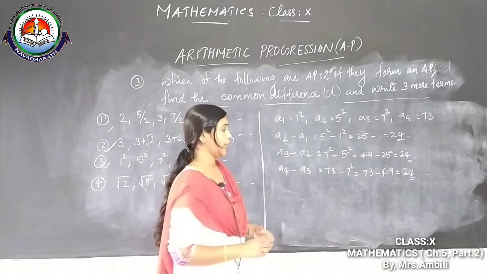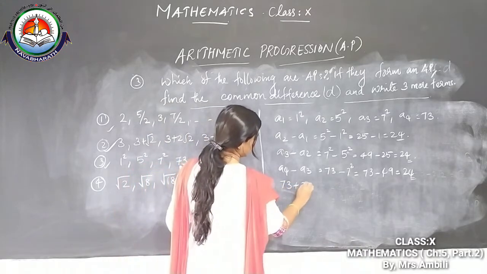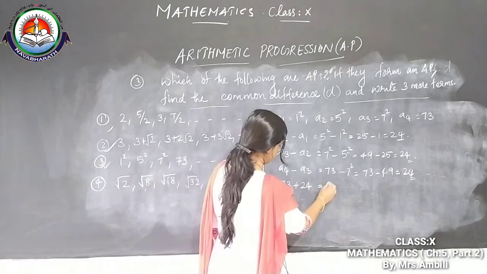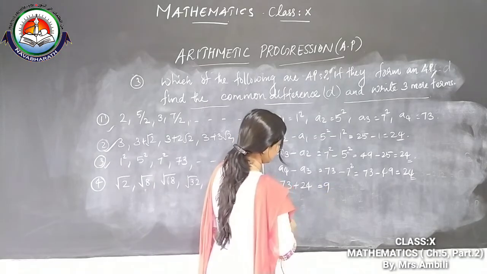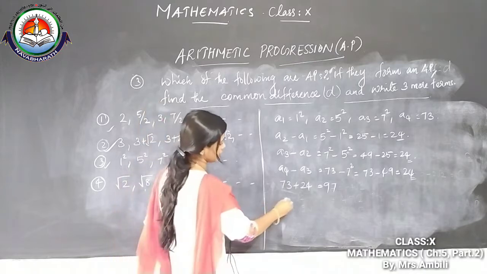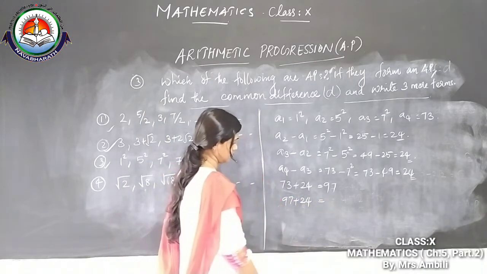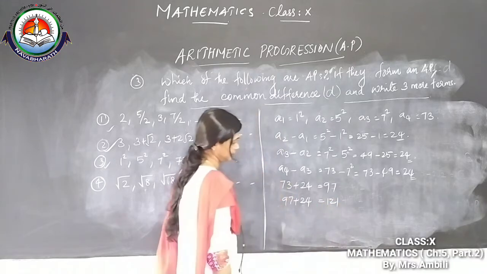Then the next 3 terms are from here, 73 plus 24, 97. Okay. Next, 97 plus 24, 121.